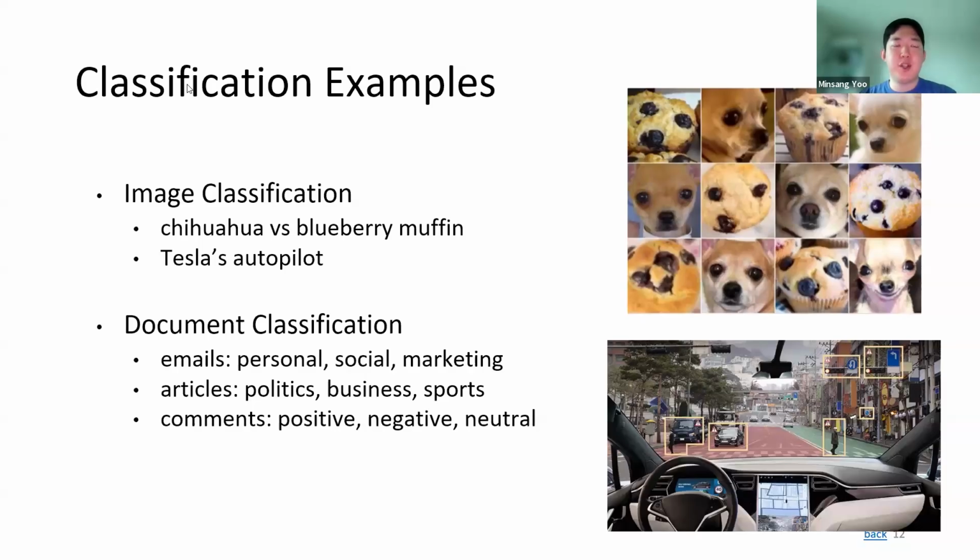These two were image classifications, but if you go to document classification, there are emails, articles, comments. For example, if you go to Reddit and you scrape all those Reddit comments, and you go into some kind of dramas or movies and you want to see if the comments are positive or negative.